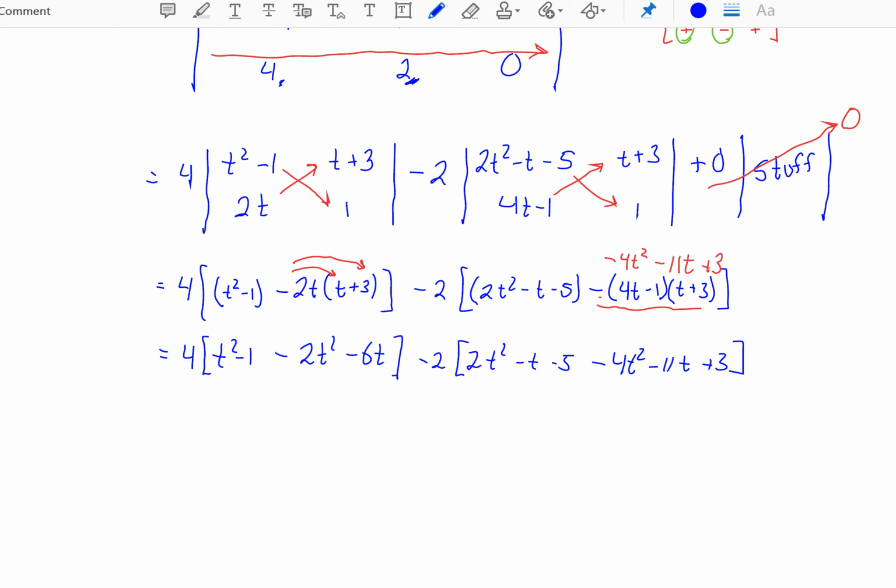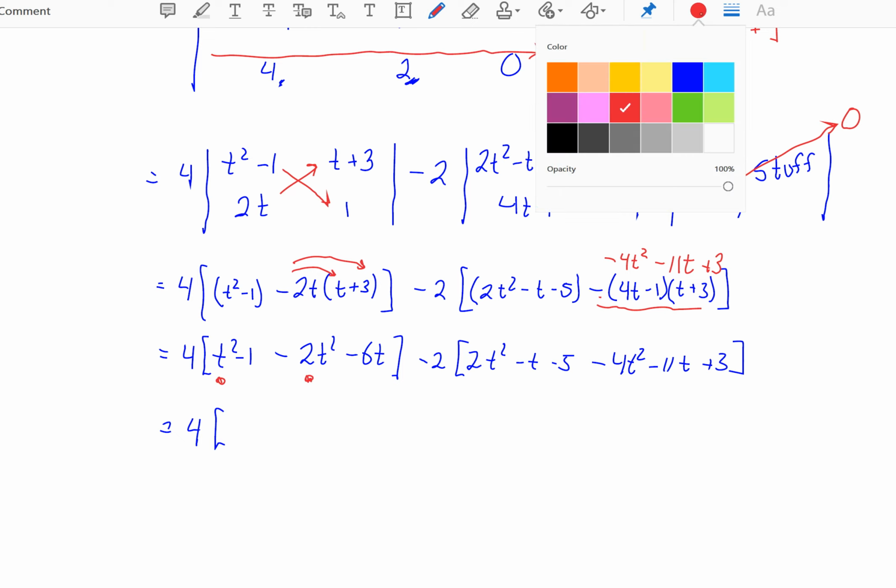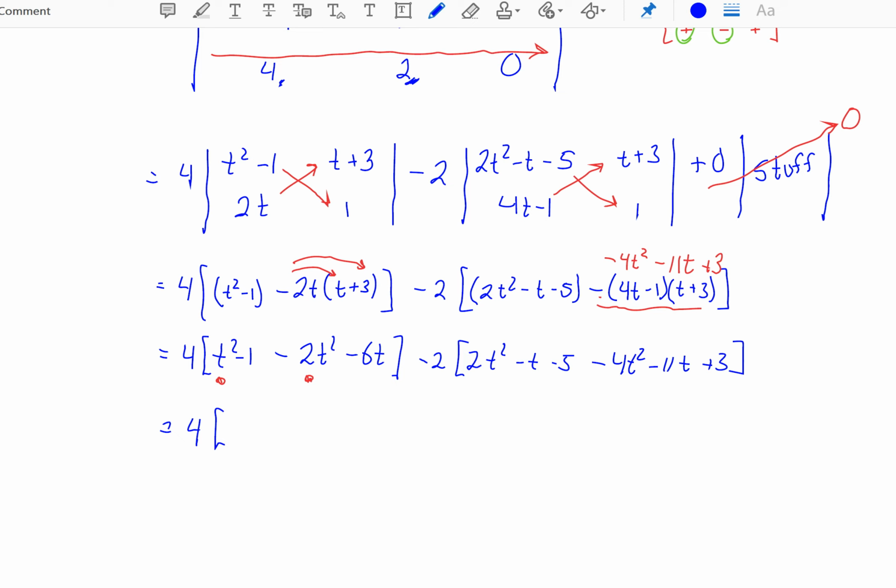A little bit of algebra in this problem. Maybe combine some similar terms. So the t squared and the negative 2t squared would be negative t squared minus 6t minus 1.